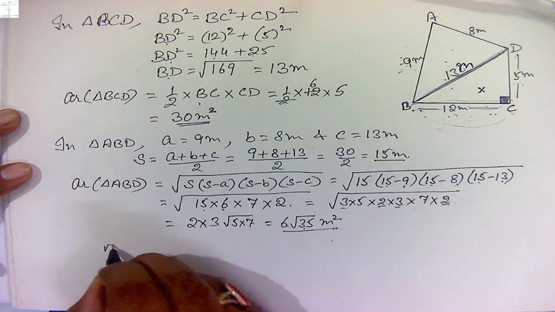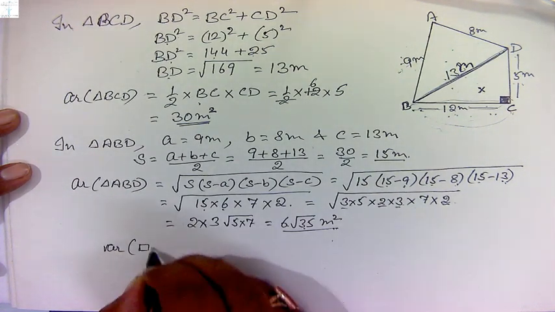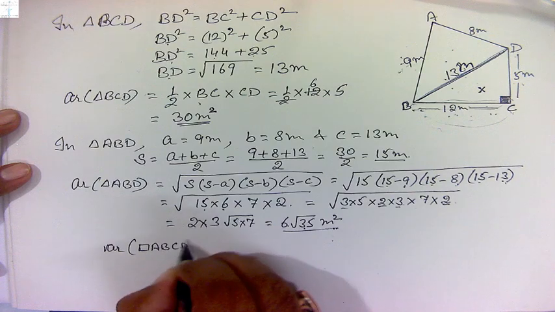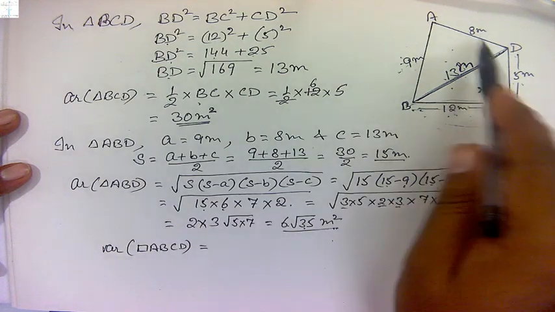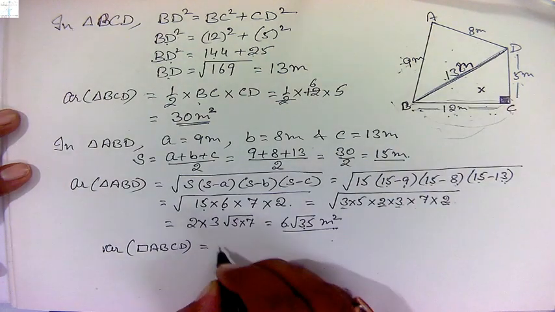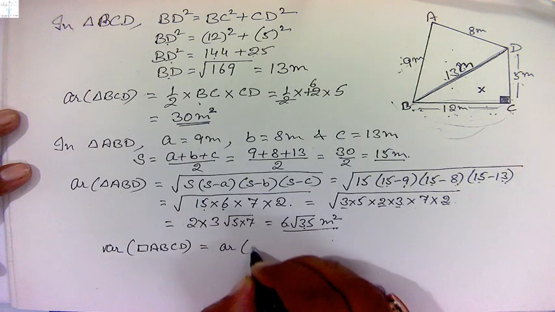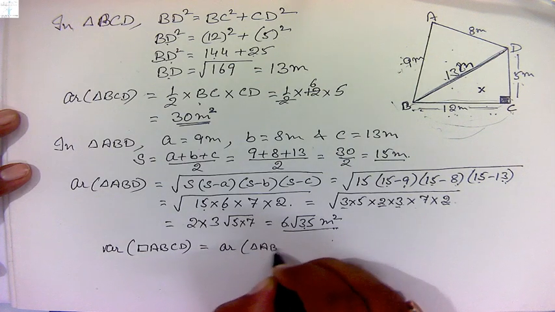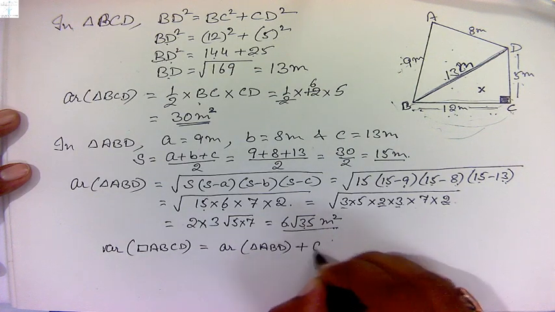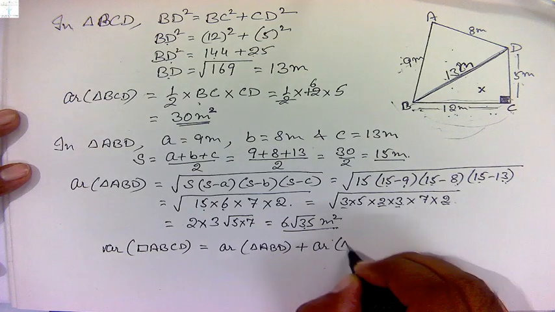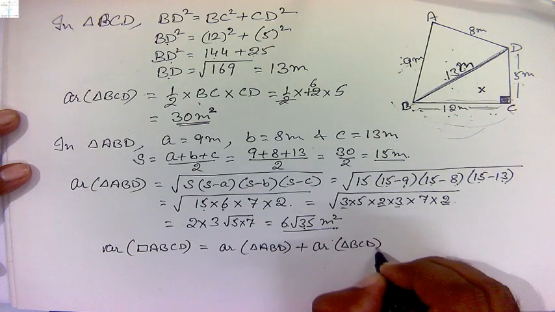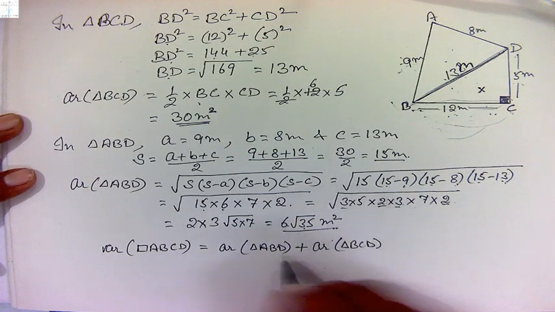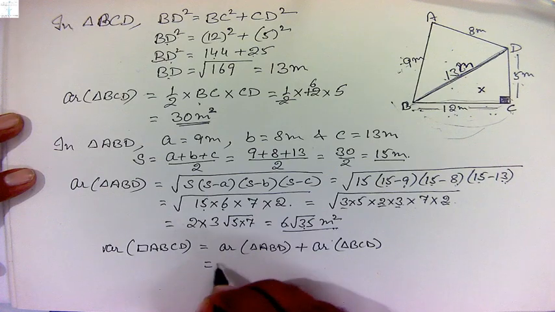Now the area of quadrilateral ABCD, the whole quadrilateral now. The area of this whole quadrilateral will be area of triangle ABD plus the area of triangle BCD. Add both the areas and you get the total area of the quadrilateral.